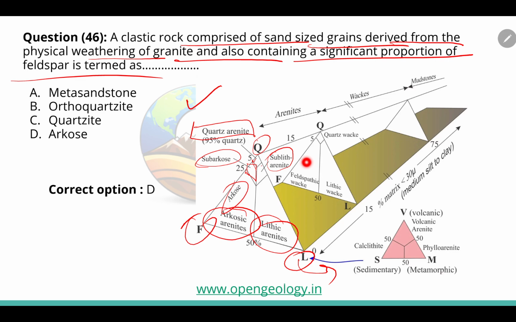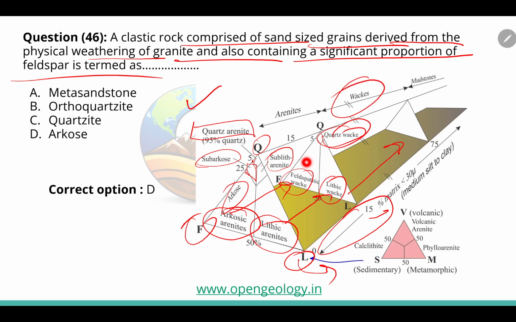And as the groundmass increases, we call it a wacke. If there is 15% matrix, we call it wacke, like quartz wacke, lithic wacke, feldspathic wacke. If it is more than that, simply we call it wackes, and if the grain size further decreases, it will be mudstone.